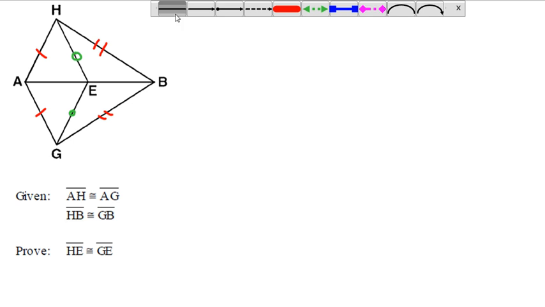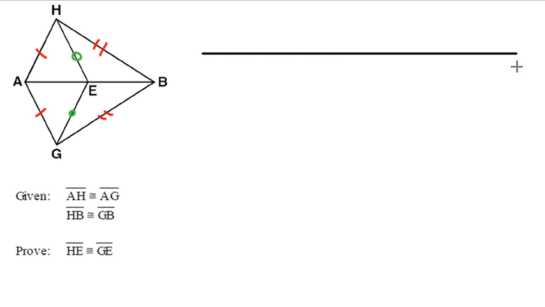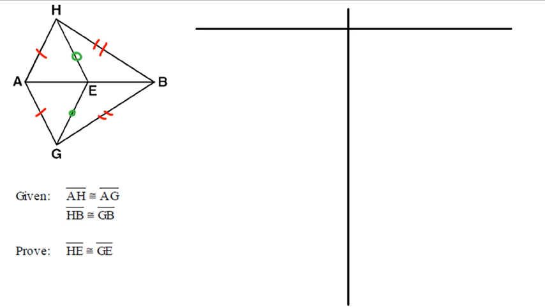So, first, I'm going to draw the line. So this will be the reasoning, and this will be the statement. So first one, I'm going to assume that these are all in here as the givens.